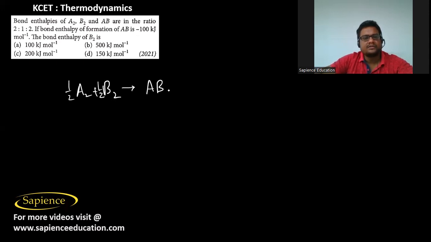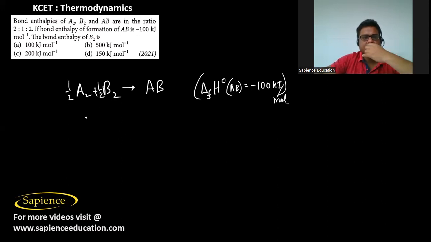So in this reaction, the enthalpy of formation of AB is equal to minus 100 kilojoule per mole. So here the bond enthalpy of B2 we have to find.